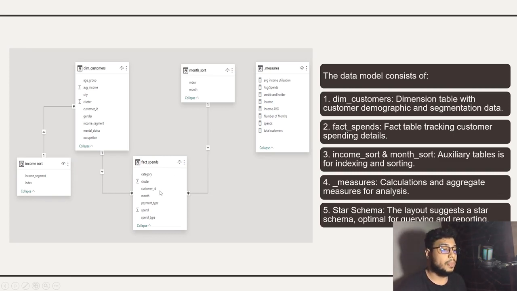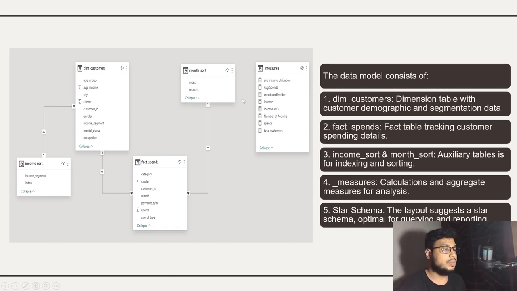Similarly, the month was not sorted. In general, in Power BI, the month gets sorted in alphabetical order, so it was showing April at first. I think you're getting the gist.